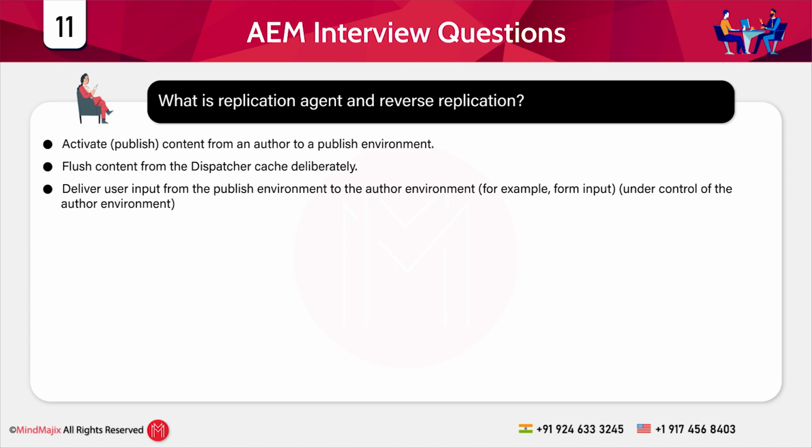We have default replication agents in AEM, and we can also create custom replication agents. And reverse replication is the vice versa process. There can be multiple publisher instances, and each publisher instance can have one replication agent to the author instance for some specific purpose. That is called the reverse replication process.